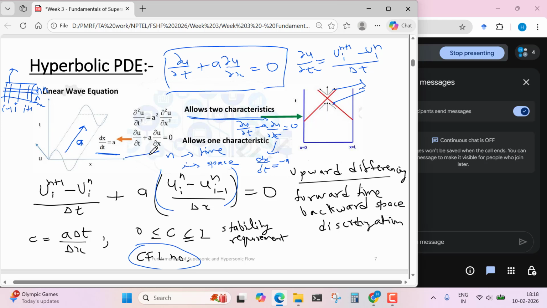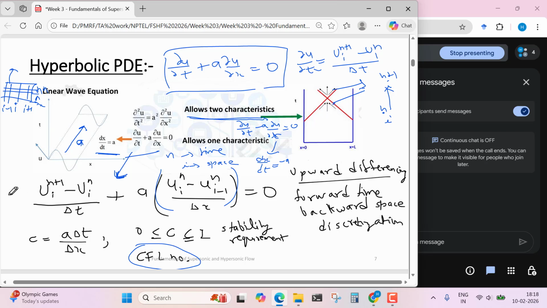This wave equation can be solved using a numerical method, which is given by (u_i^{n+1} − u_i^n)/Δt. This is the discretization in the time domain, and it is forward time discretization. You can see that at, let's say, one point (i, n), we are moving forward in time for the discretization.